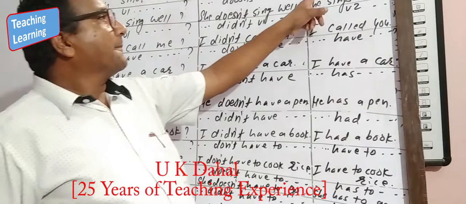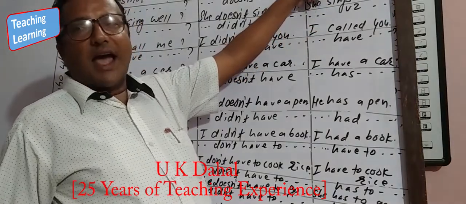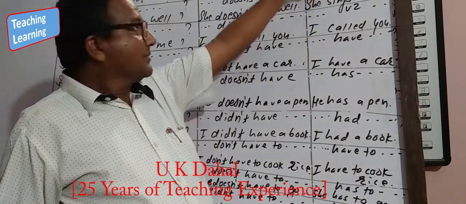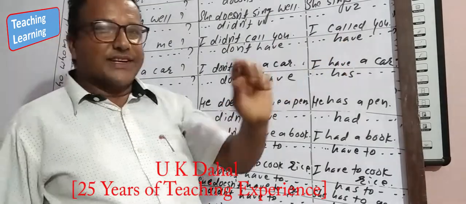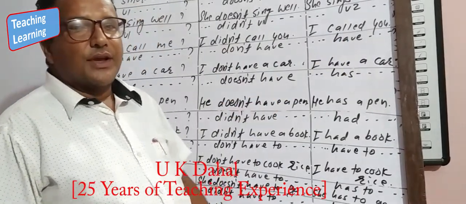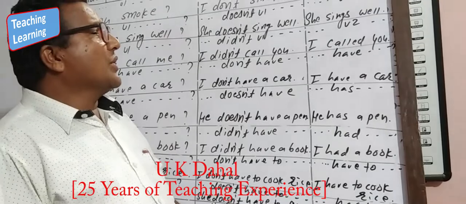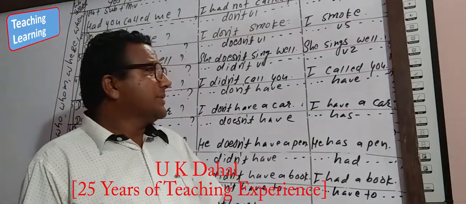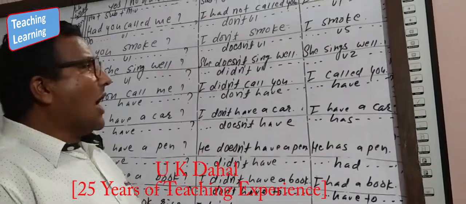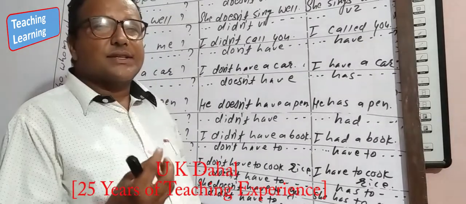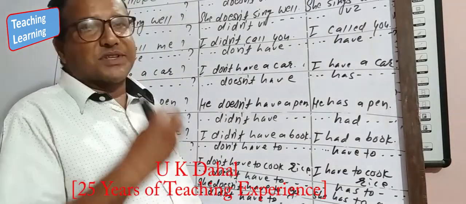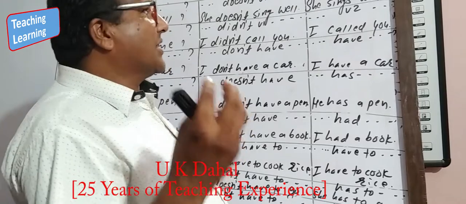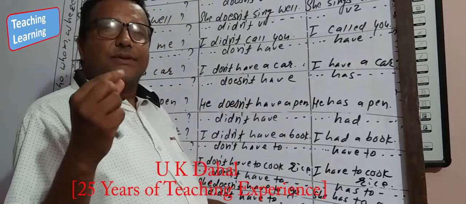Please look at here. I have taught you the positive answer in the tense. Today I am going to teach you how to use English conversation, or how to do the conversation in the English language.